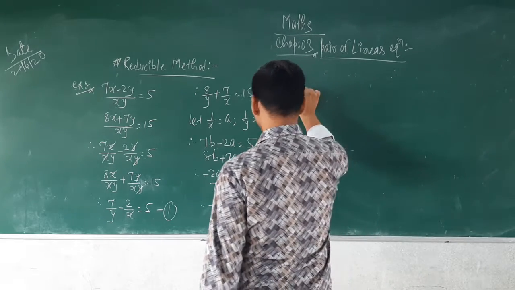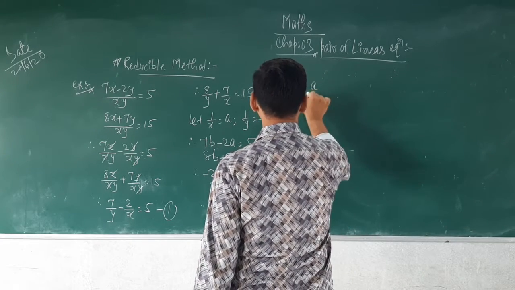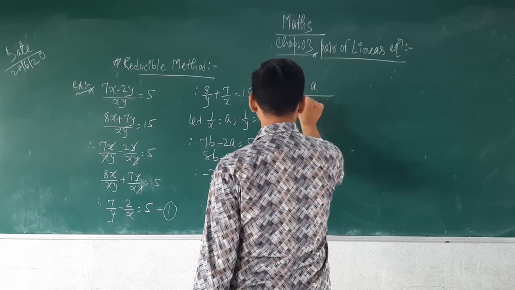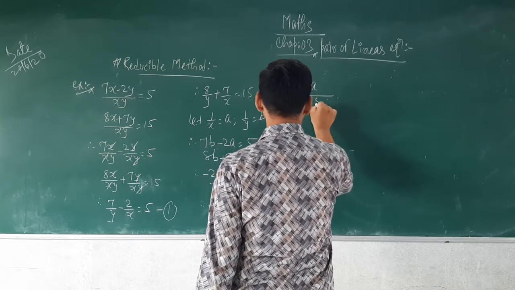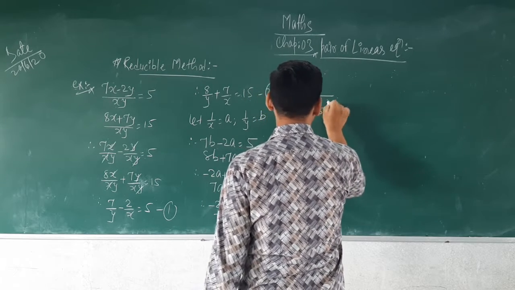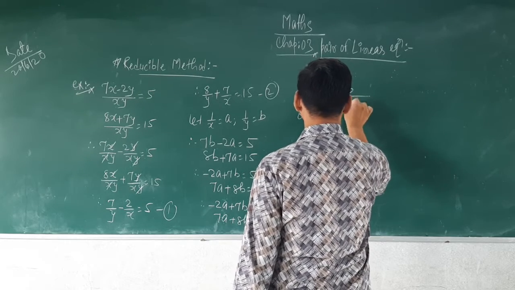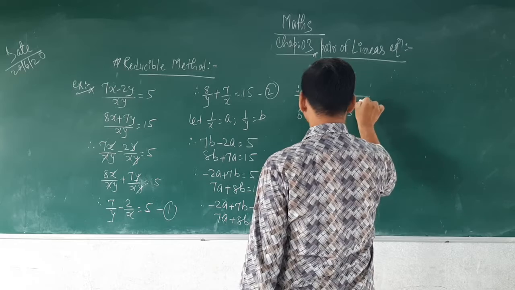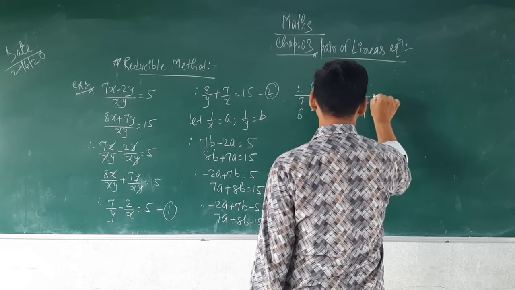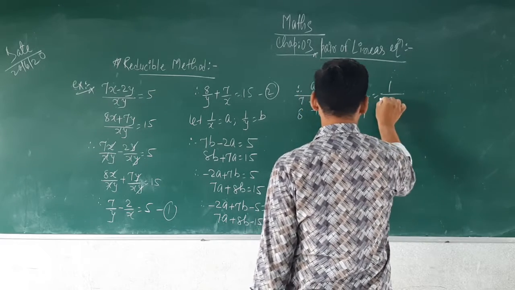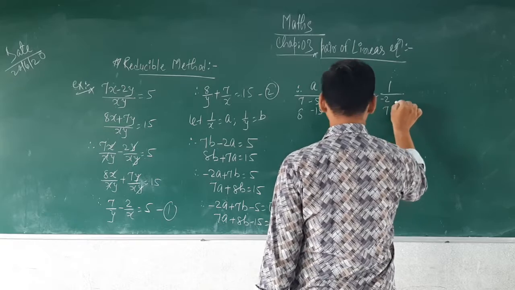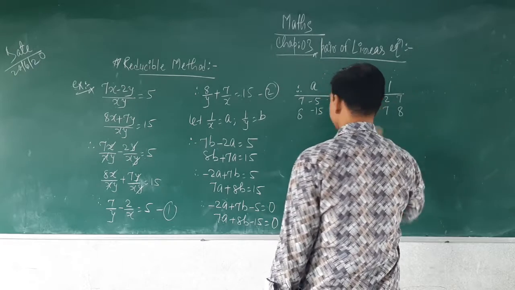For a, we write the values 7, 8, minus 5, minus 15. For b, minus 5, minus 15, minus 2 and 7. For the constant, minus 2, 7, 7 and 8.